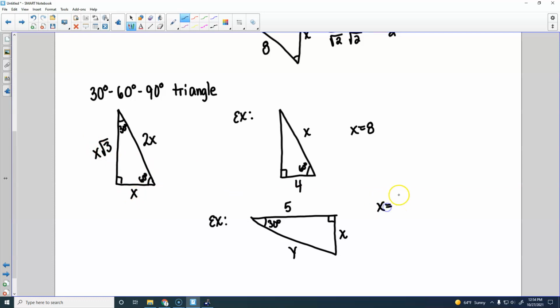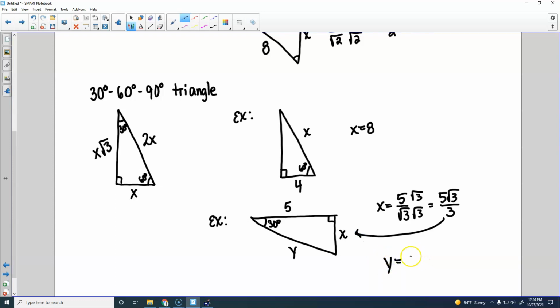So x is going to be 5 over the square root of 3, or multiply the square root of 3 on top and bottom, 5 square root of 3 over 3. So this side right here is 5 square root of 3 over 3. Then what would I do to find y?